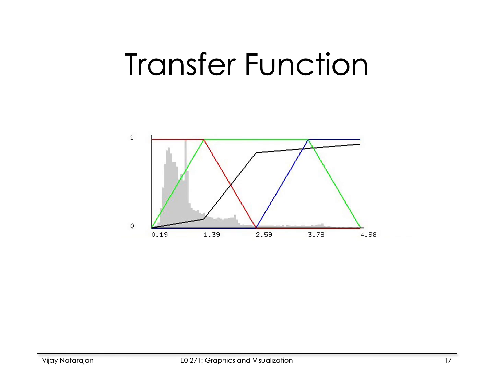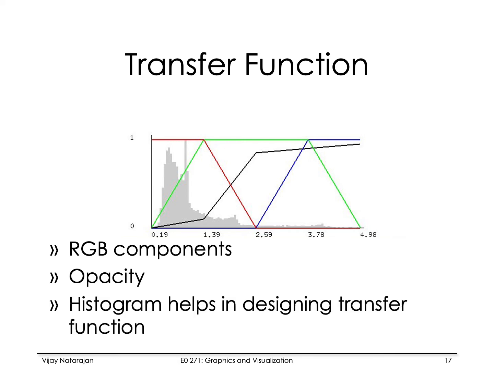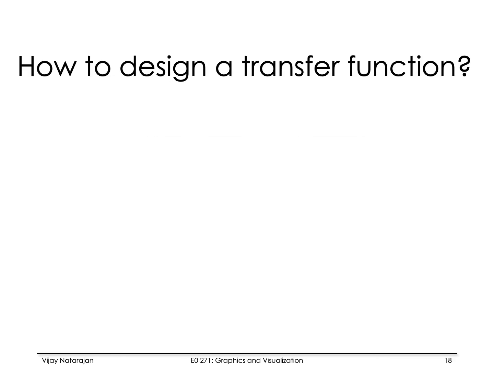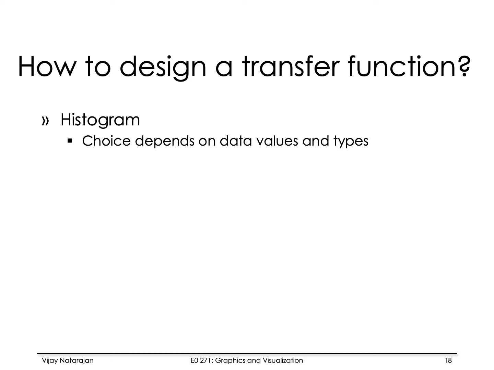Coming back to the design of transfer functions, what are good ways of designing this complex function? We did say earlier that the histogram helps the user in designing this transfer function manually. The question is, what are different approaches for automatically or semi-automatically designing the transfer function? Of course, when we use the histogram, the choice is left to the user and it depends on the data values and the data types.